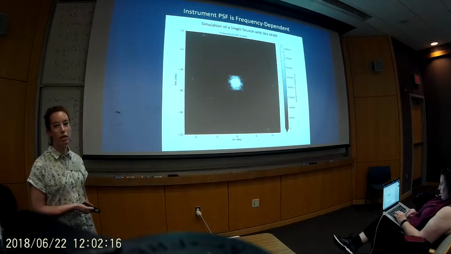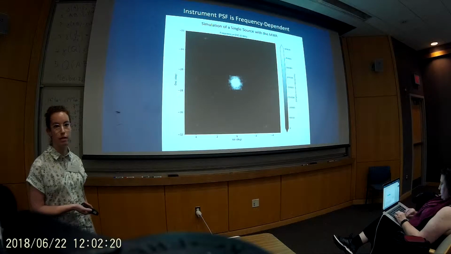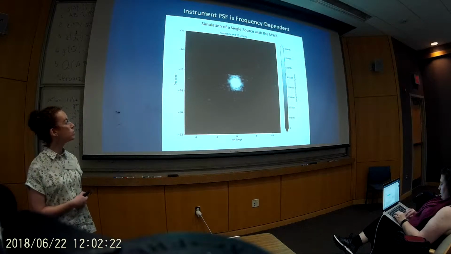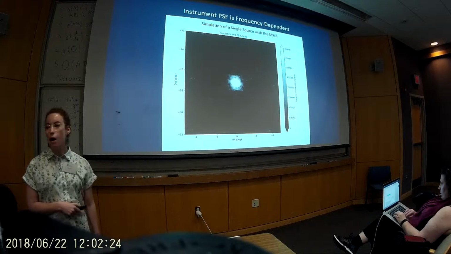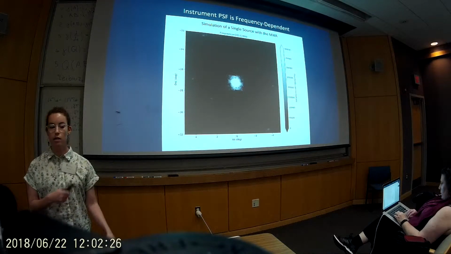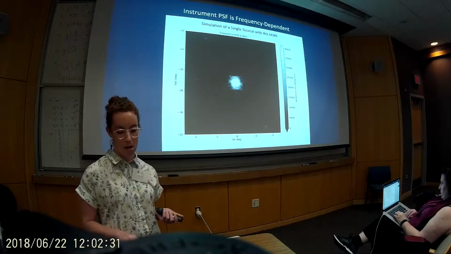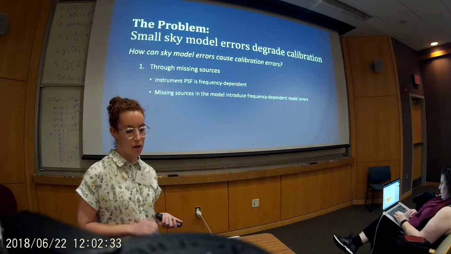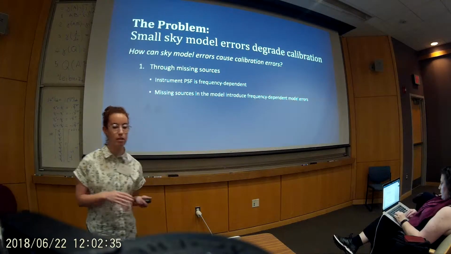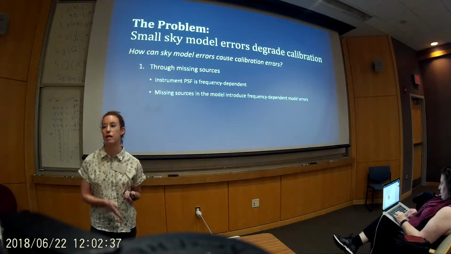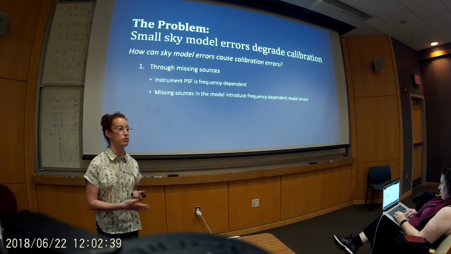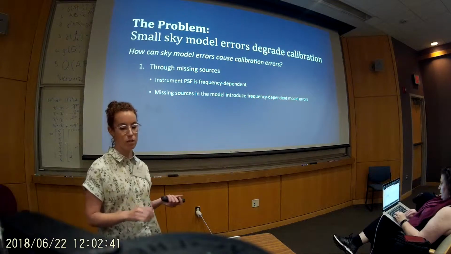It's also important to note that this is very instrument dependent. Different instruments have different PSFs. So the amplitude of these side lobe bits is going to give you how important this effect is and how much it degrades calibration. Missing sources in the model introduce frequency dependent errors, and this is why this is a frequency dependent effect.